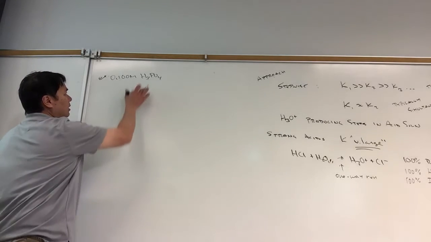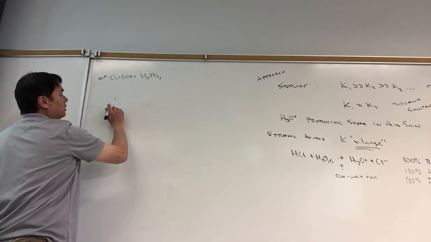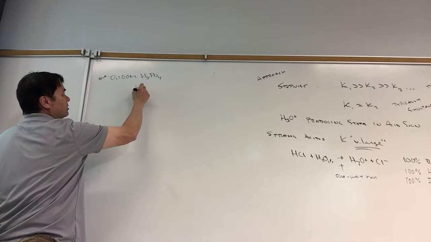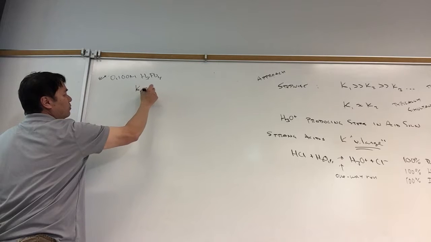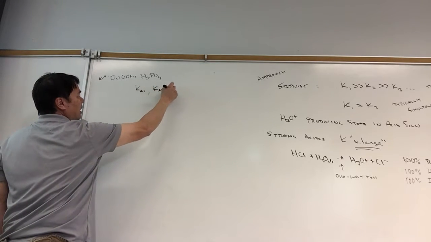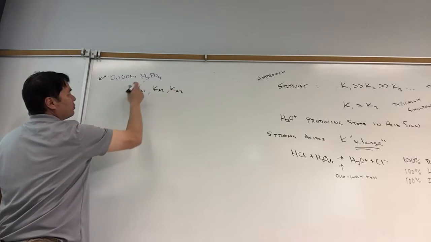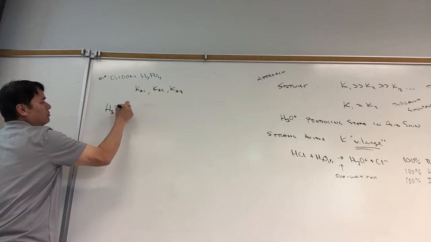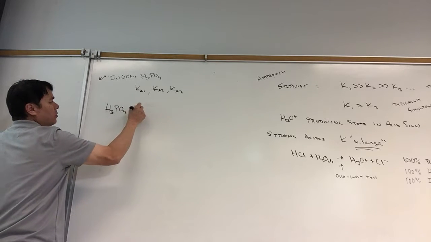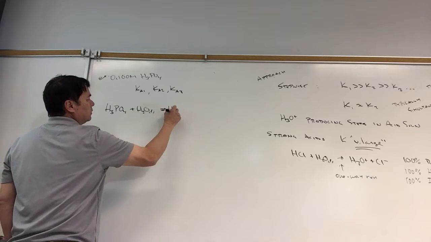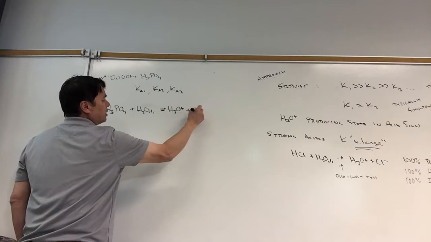All right, let me talk about phosphoric acid then. Phosphoric acid has 3 acidic hydrogens. So there's going to be a Ka for step 1, a Ka for step 2, and a Ka for step 3 just from phosphoric acid. And those steps are going to be like this: H3PO4 plus water, which will lead to hydronium and dihydrogen phosphate.